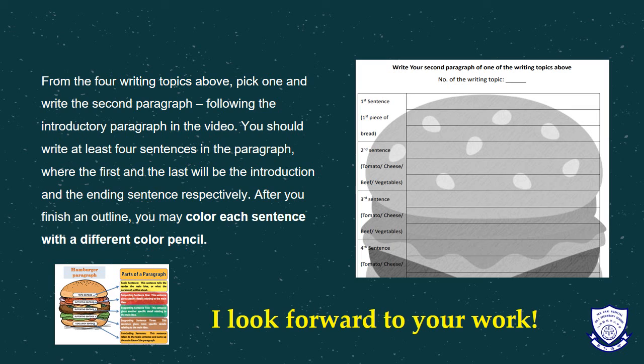Your worksheet, part B, should look like this, and you see that for each sentence, three lines are given. That means for every three lines, you should use a different color pencil to show that they are the different parts of a hamburger.